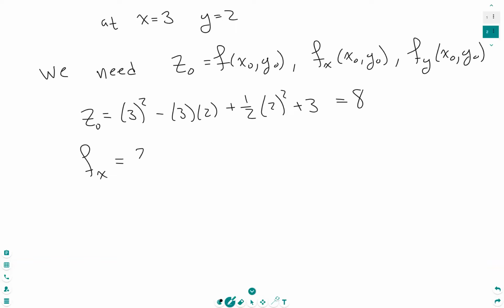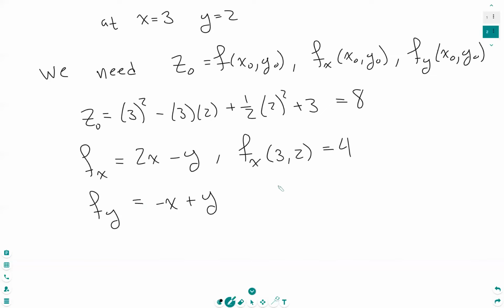We're just going to get 2x minus y. So then at this point, 3, 2, we just get 4. The y partial derivative will just give us negative x plus y. We evaluate at 3, 2, and we'll just get negative 1.